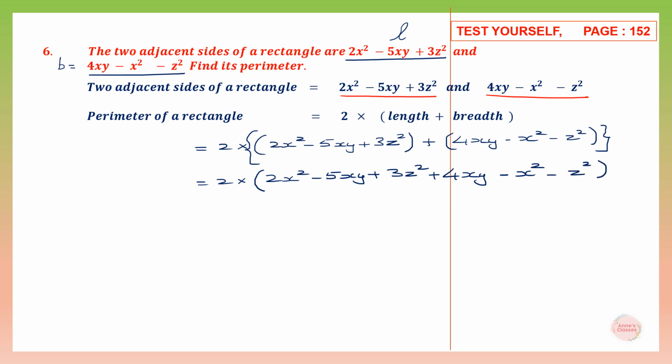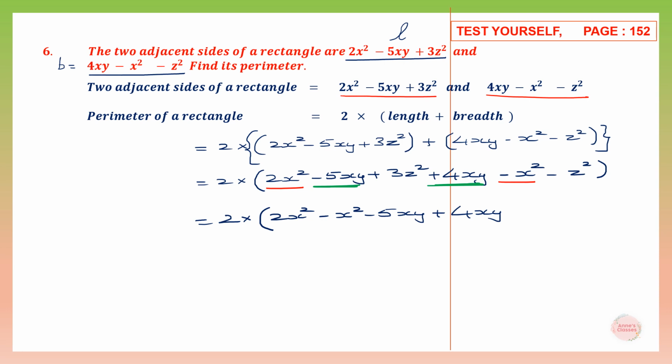Now here again let's take the like terms, 2x square and minus x square. So this will be 2 into, let's take the like terms, 2x square minus x square. Now let's take xy, minus 5xy plus 4xy.